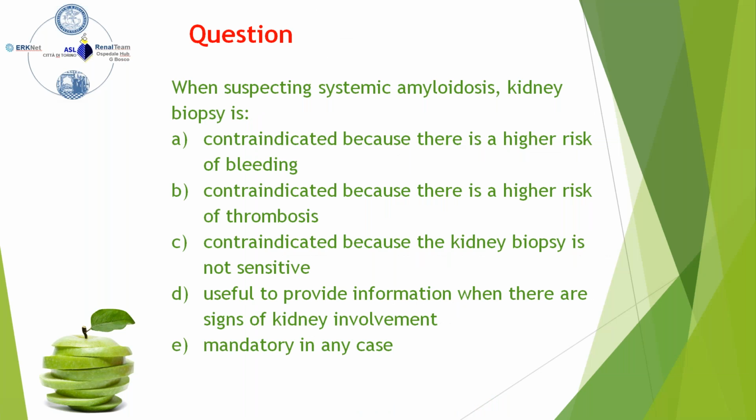And it's now time for the last two questions. The first is: when suspecting systemic amyloidosis, kidney biopsy is contraindicated because there is higher risk of bleeding, contraindicated because there is higher risk of thrombosis, contraindicated because the kidney biopsy is not sensitive, useful to provide information when there are signs of kidney involvement, or mandatory in any case.